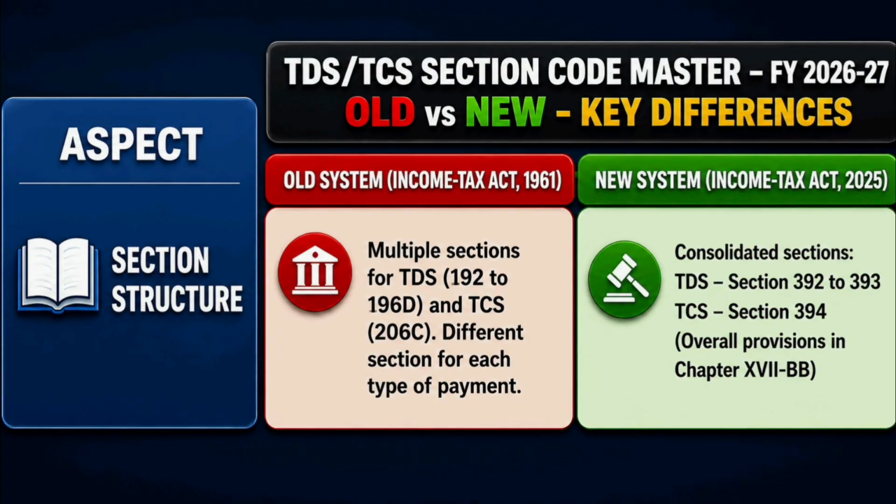Under the new system, the Income Tax Act 2025, the TDS sections are consolidated, with sections 392 to 393 covering TDS and section 394 covering TCS. Overall, the provisions are covered in Chapter XVII-BB. This is the first aspect.